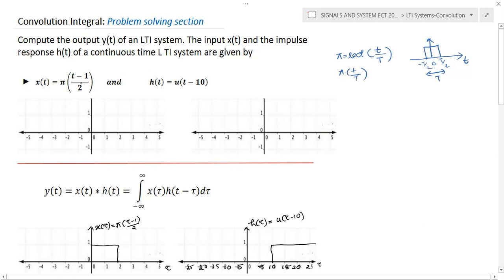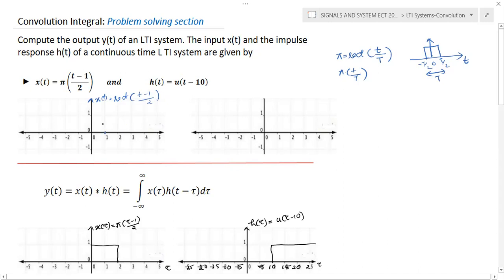Now it is given that it's shifted by 1 unit and the width of the pulse is 2. Here t minus 1 means it is shifted 1 unit towards the right. So the center becomes 1. If you draw the signal x of t, that is a rectangle (t minus 1) by 2, the center is shifted to 1, because here the center is 0 and it is shifted 1 unit right.